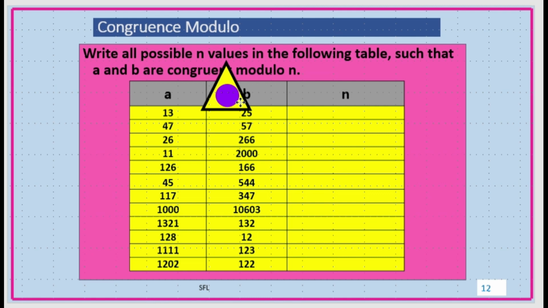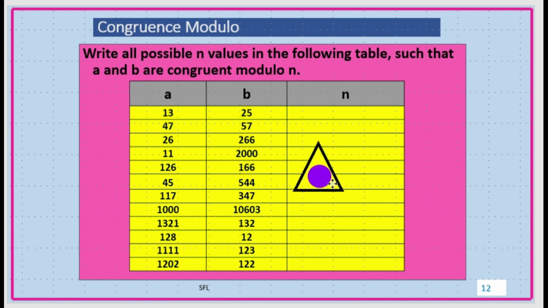Write all possible n values in the following table such that a and b are congruent modulo n. 13, 25. Since the difference is 12, n can be 2, 3, 4, 6, 12. 26, 266. The difference between them is 240.